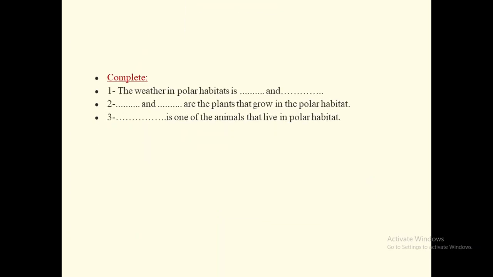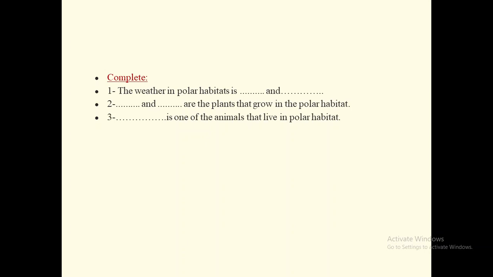Now we will solve these questions together. Complete number 1. The weather in polar habitats is blank. Excellent. Cold and windy. Number 2. Blank are the plants that grow in the polar habitats.